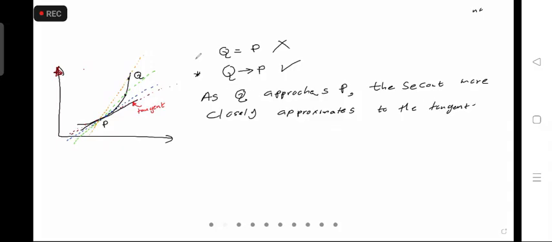So what we are going to do here, we bring the Q point very near to the P using limits. Then we finally come to a good approximation of the exact tangent at the point. That's it.